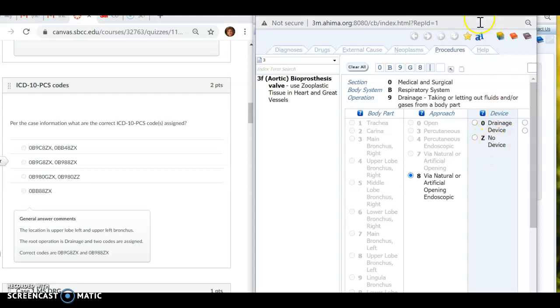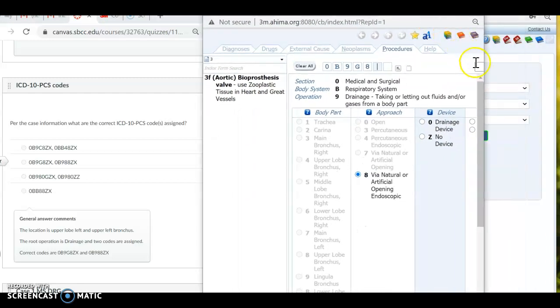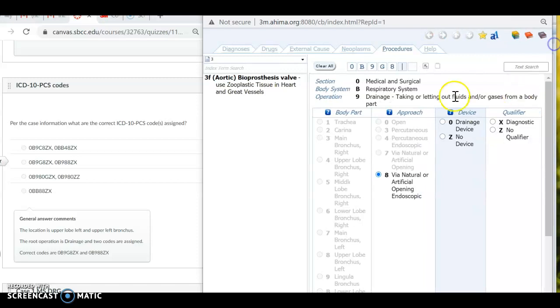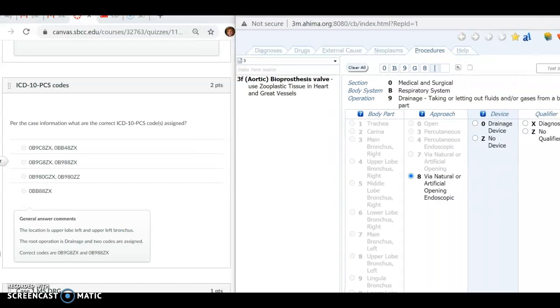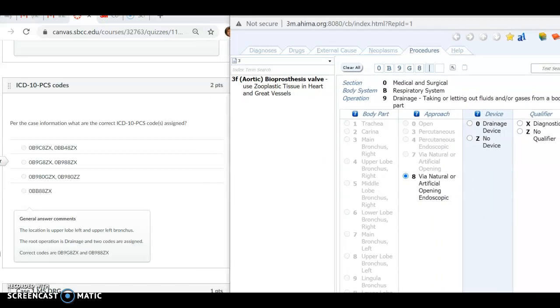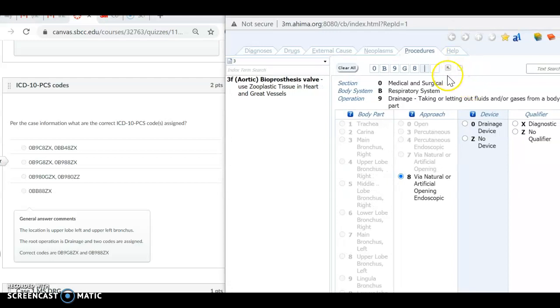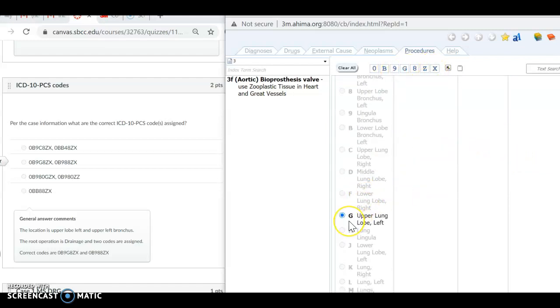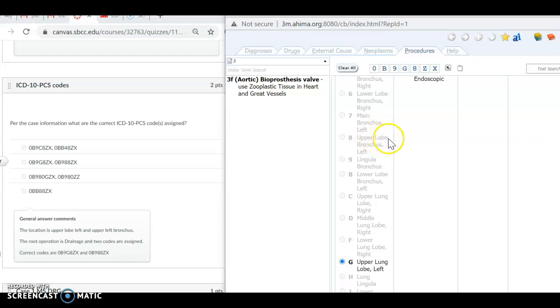And then we go towards the end where we have Z, and then diagnostic since it is biopsy. So that is our first one. Apologize, that's a G. Now our next one, we are going to go with the 8, which is the upper lobe bronchus left.